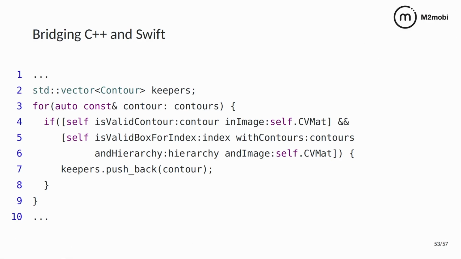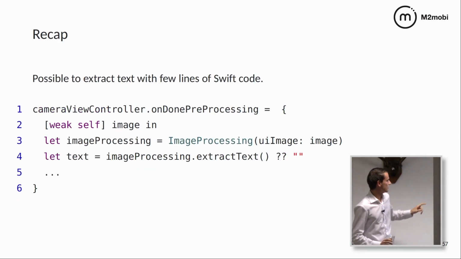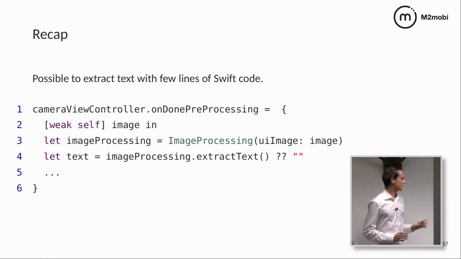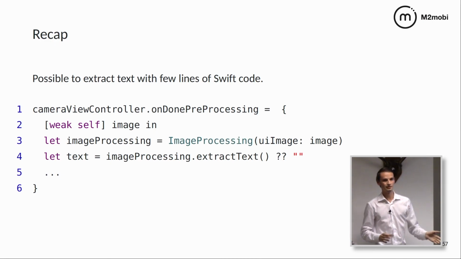But what we've now done in the actual Swift file, we now only write image processing, and we init it, and we can just use a few statements and then get a proper output.